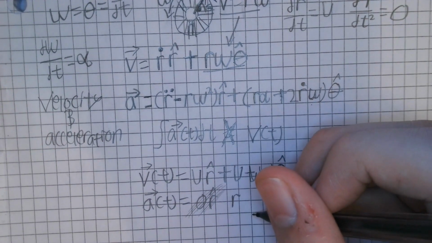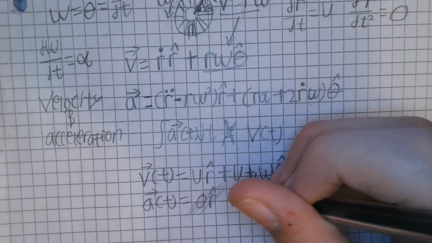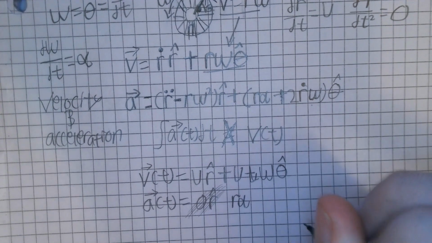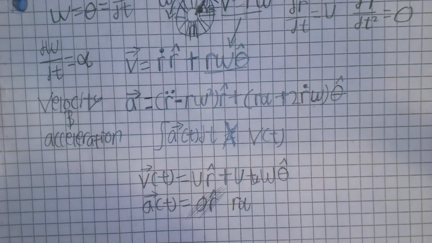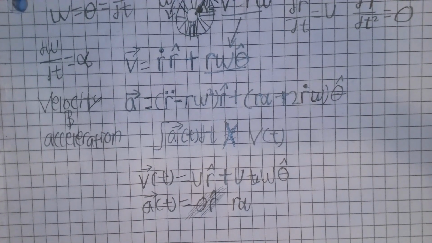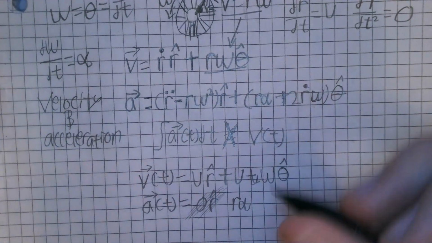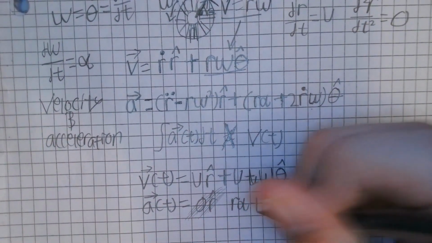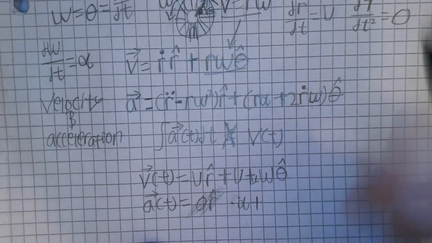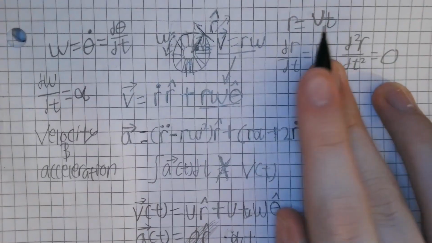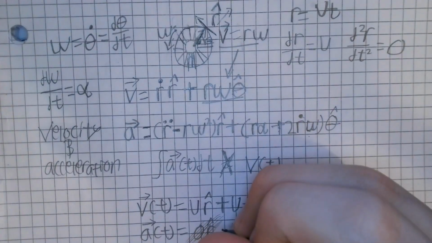times alpha, our angular acceleration, the rate of change of the rate of change of our angle theta in time. So we have that plus, oh, and I forgot, I shouldn't write r. I'm going to sub in for r here, and we're going to sub in ut, just like in the last one.